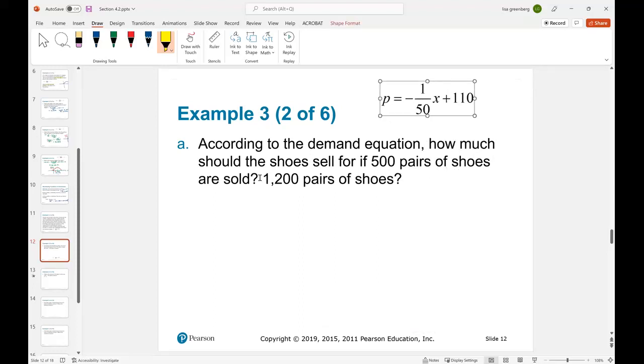All right. So according to the demand equation, how much should the shoe sell for if 500 pair of shoes are sold? Well, this is my demand equation, and the price is equal to -1/50 times X, and X is the number of shoes sold.